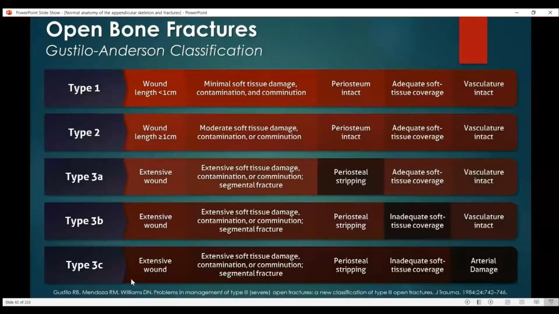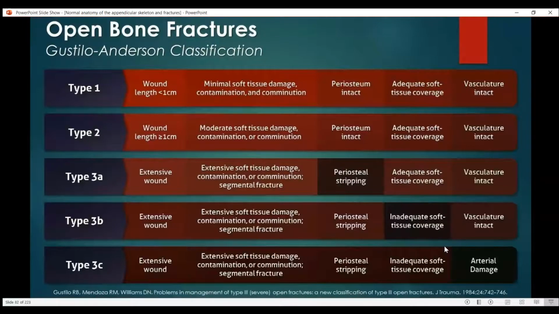Type 3C open fractures are very, very important because they have a complication related to arterial damage. That's what you have to remember. All other types of the Gustilo-Anderson classification generally do not have any involvement of the vasculature, but only type 3C has arterial damage.